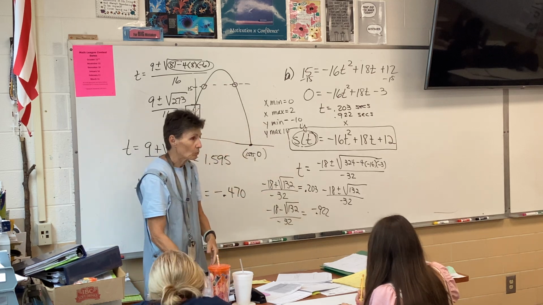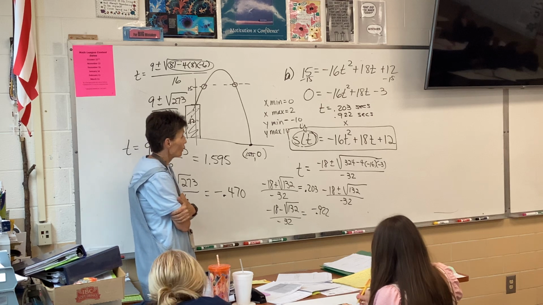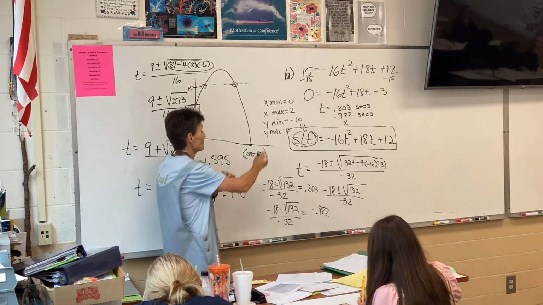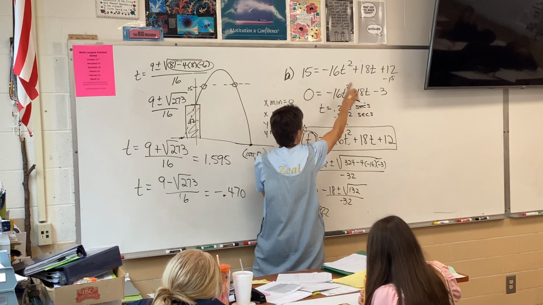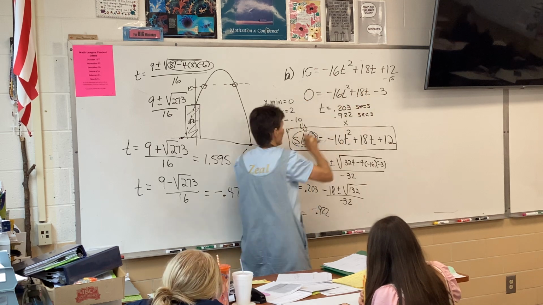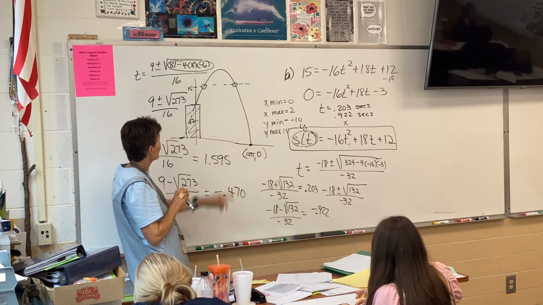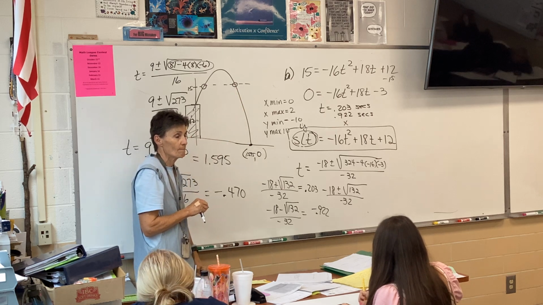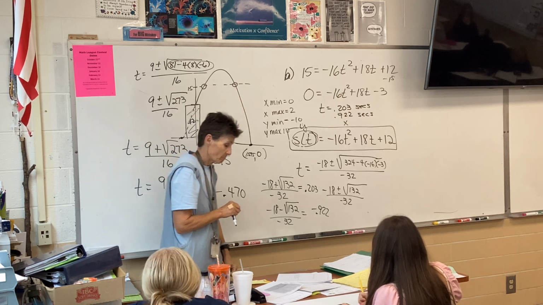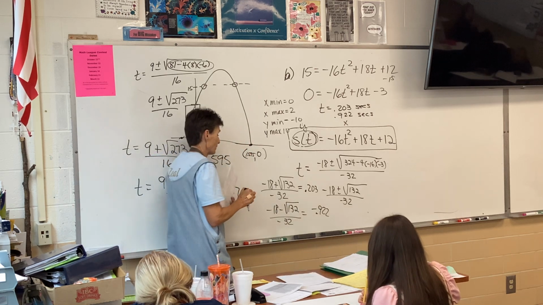So I did that one both ways. When is the ball 15 feet above the ground? So we let y be 15 and solve that equation graphically and algebraically. Two answers, because there's twice when it's 15 feet above the ground. And then question C.